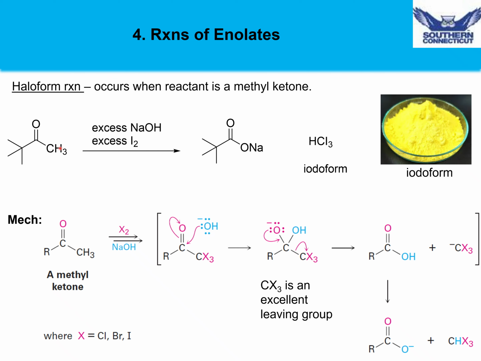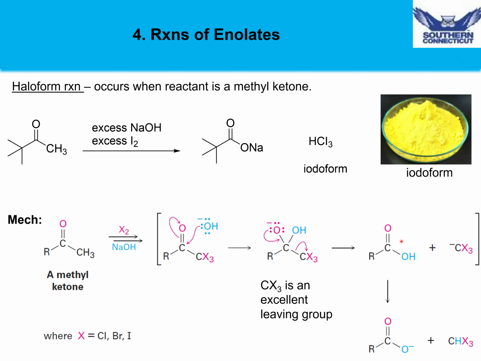And so there is sort of a turning point in the base promoted alpha halogenation that when we have a methyl group, we end up with these three halogens, and that sort of turns this reaction from a typical alpha halogenation reaction into what we call the haloform reaction. So when we eliminate this leaving group, we end up with a carboxylic acid.